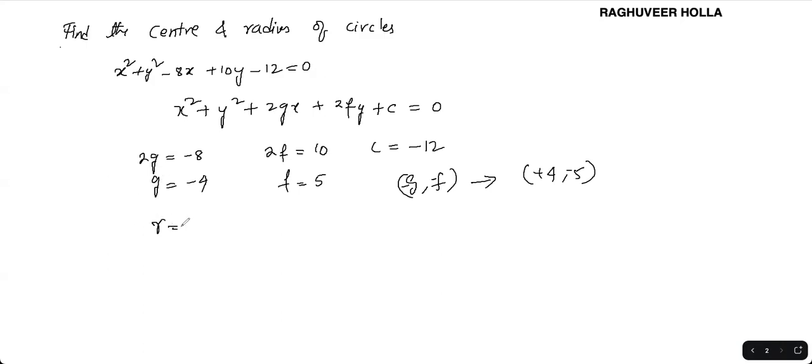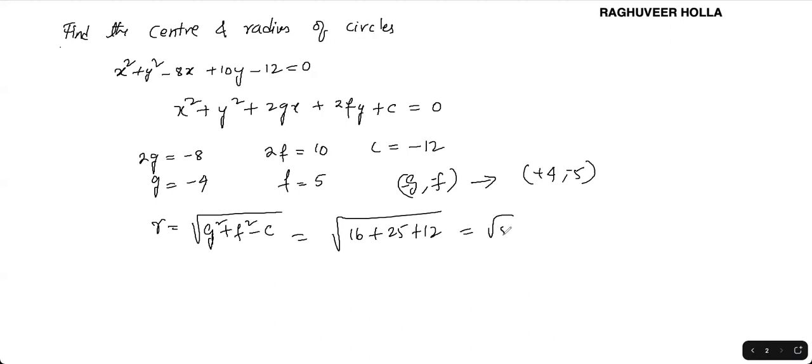And the r will be the square root of g square plus f square minus c, right? So which is square root of 16 plus 25 plus 12, which is root 53. This is the other form of finding the center and the radius.